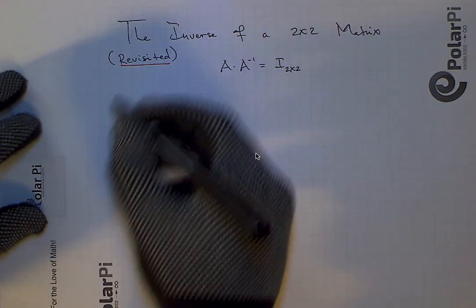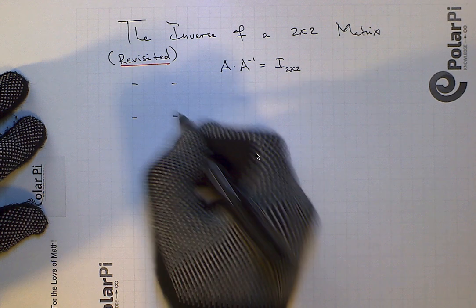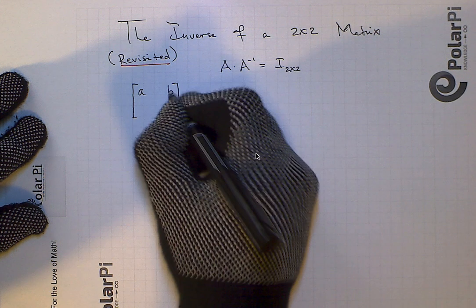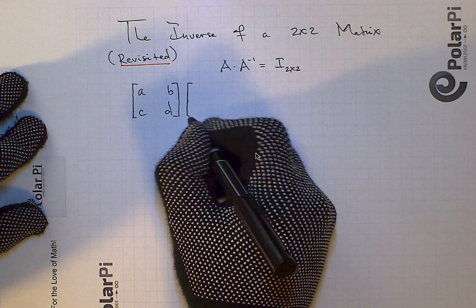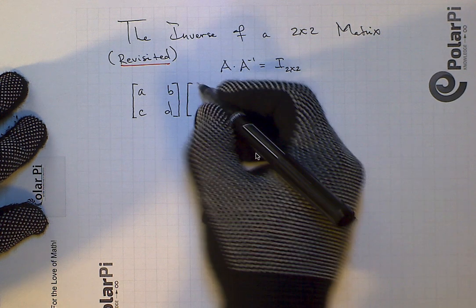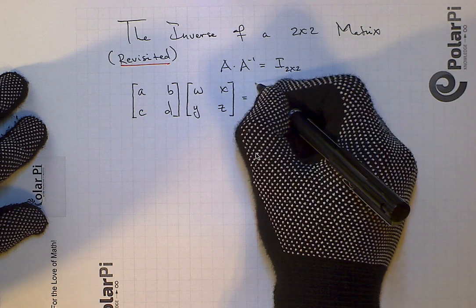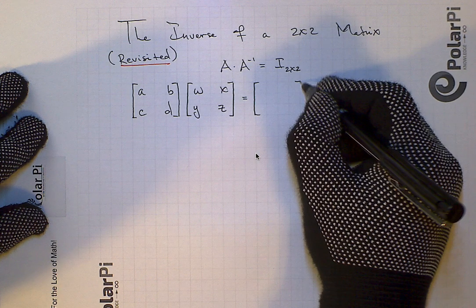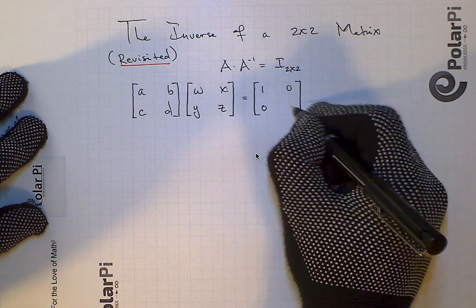So what we're saying is that if we have a certain 2 by 2 matrix with 4 entries A, B, C, D, then we can multiply it by its inverse, and let's say that the inverse right now just has entries W, X, Y, Z, and we know that the result will have to be the identity, which is 1, 0, 0, 1 for a 2 by 2, right?